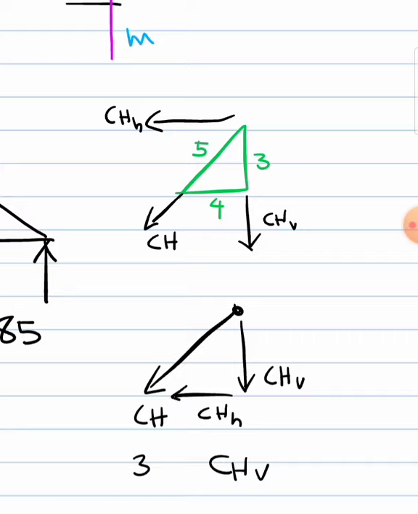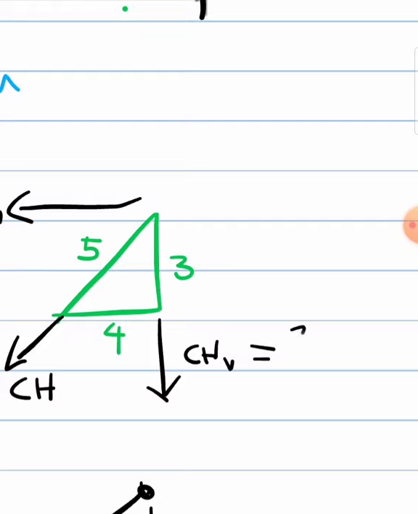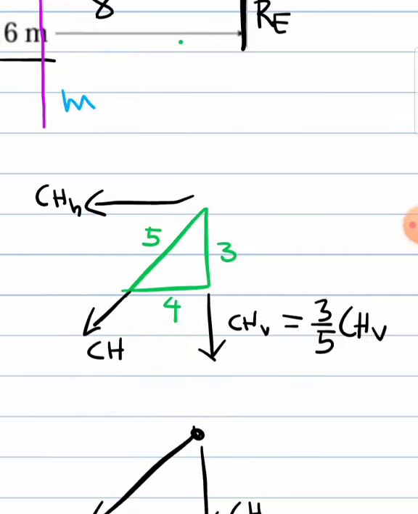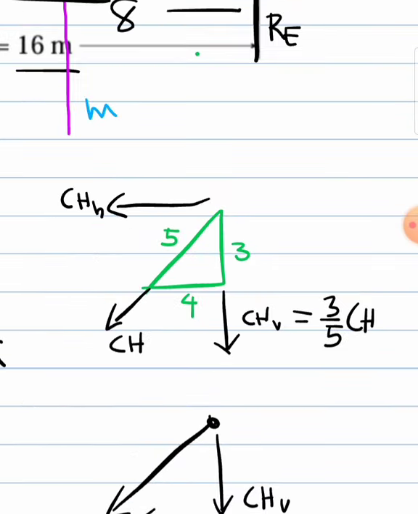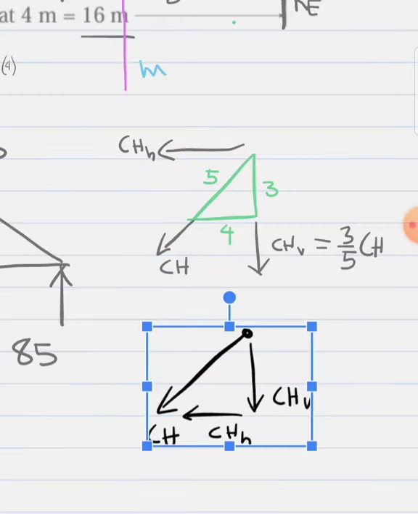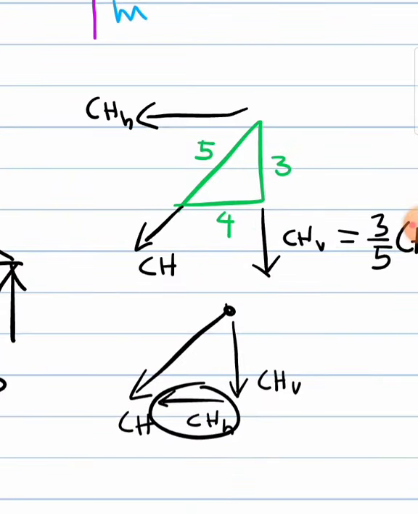So now let's write that CHV is 3/5 of CH. So you can see, if this is CH, CHV is just a fraction of CH, diba? 3/5 of CH. That's why it's called a component of CH. So now if we want CHH, we use the side corresponding to it. So it's the horizontal.